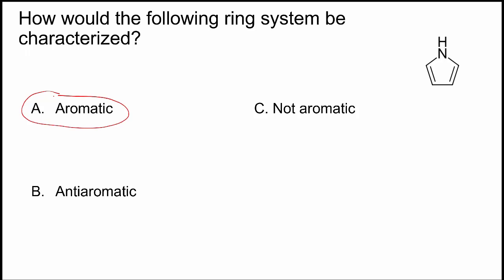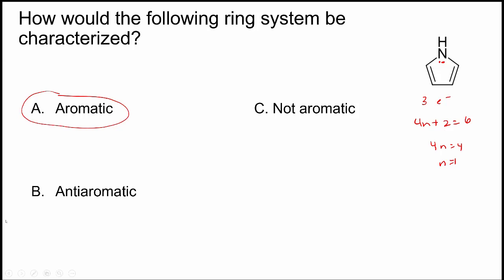If we count up the electrons, the nitrogen lone pair here is contributing to the overlapping p orbitals. And so we have 3 electron pairs, or 4n plus 2 equals 6 total electrons, where n equals 1. So that one is going to be considered aromatic.